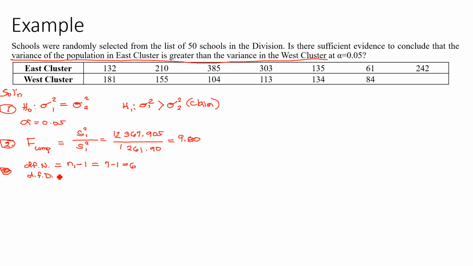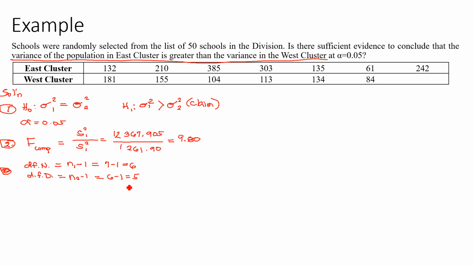For the denominator, we only have 1, 2, 3, 4, 5, 6, so n sub 2 minus 1 is 6 minus 1 equals 5. Take note that the 6 here is not taken from the results above. It is taken from the number of data in our West cluster: 1, 2, 3, 4, 5, 6. And 6 minus 1 is equal to 5.